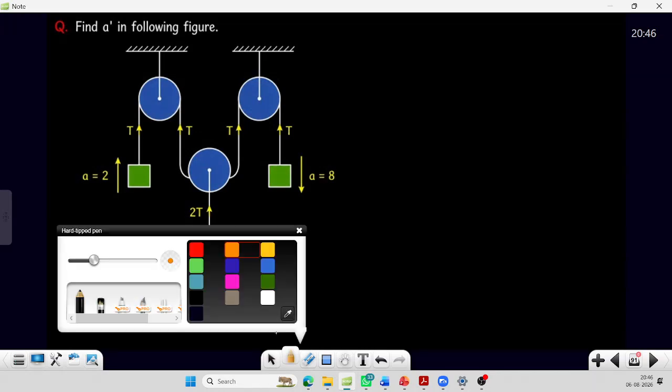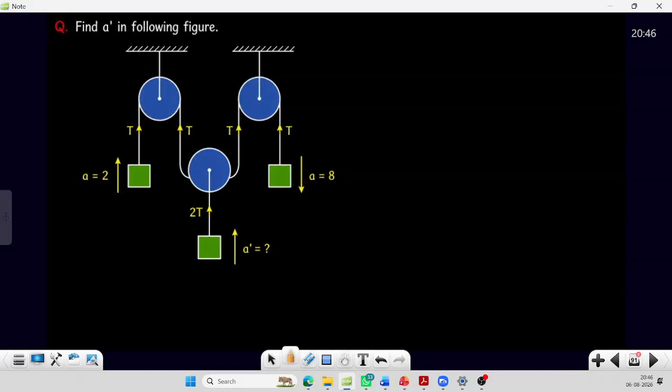So tell me the block now, each block one by one, first block. So this is 2, so we can say this is 2 into T. Right, so this is 2 into T for this block. Next for this one, plus only, plus 2T into A dash.